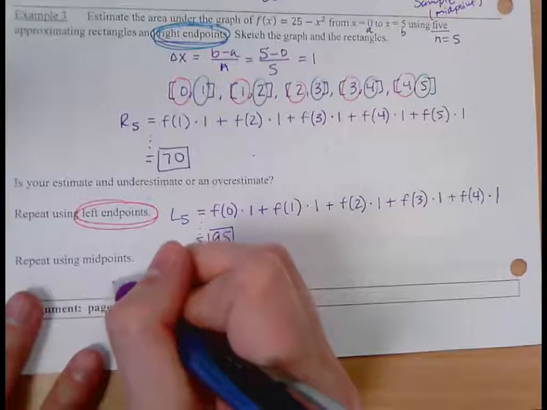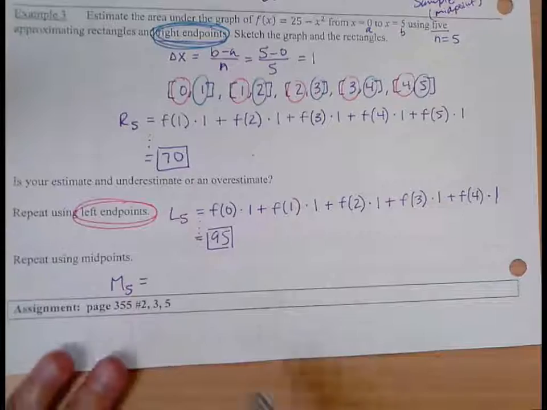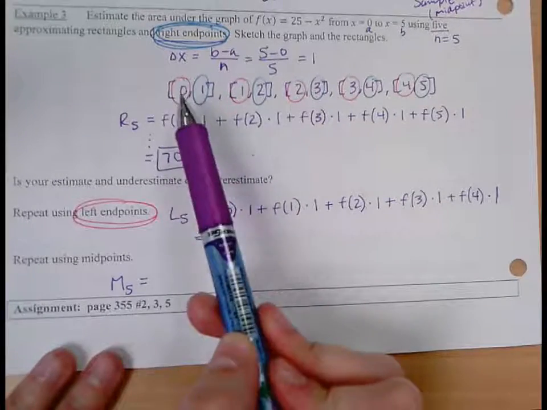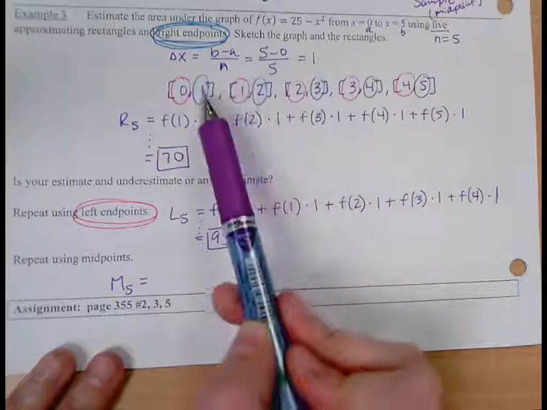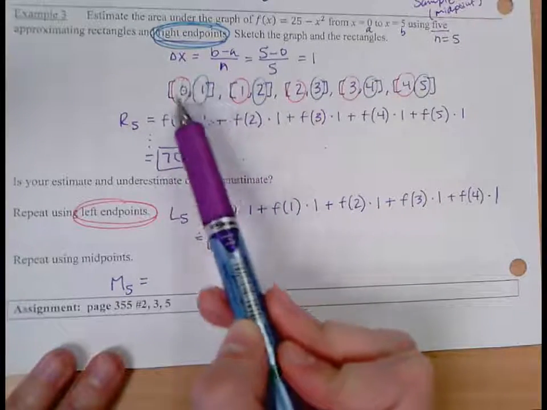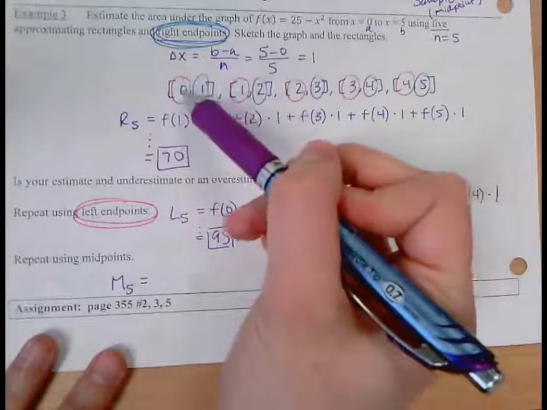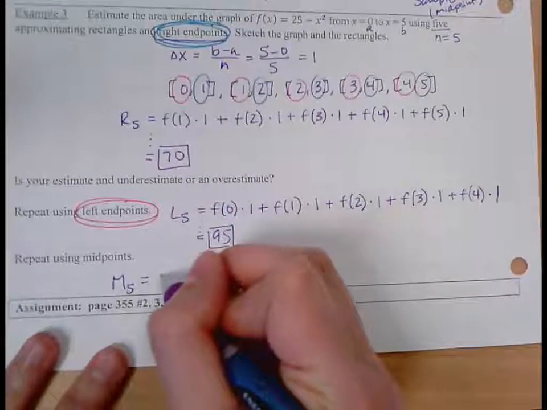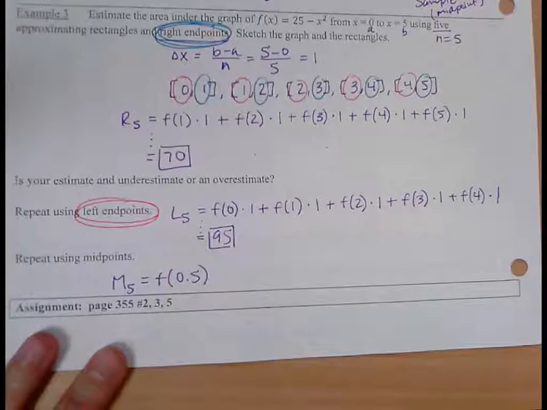Really quickly, I know we're getting near the end here, for midpoints, just so you see how this is set up. You still have the same intervals, the same delta x, but the height would be the midpoint of the first interval. So the midpoint of 0 to 1 is 0.5. Your first rectangle would have a height of f of 0.5.